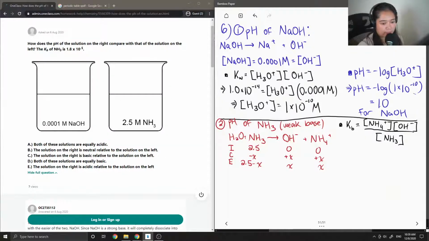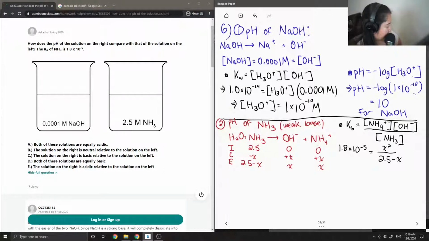They gave us the Kb value, which is 1.8 times 10 to the negative 5. And then if we sub in what we found in our ice table, we get x squared divided by 2.5 minus x.